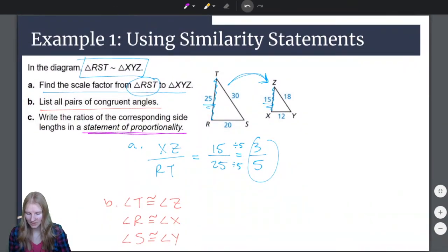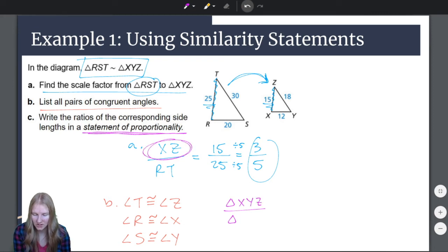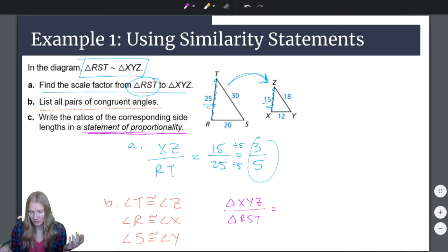So, let's take triangle RST and triangle XYZ. It doesn't matter which one is on the top or the bottom. So we can put XYZ on top if you want. Let's keep triangle XYZ on top because we put XZ on top over here. So we're going to pick whichever side you want. Let's start with XZ and RT because we already did that.